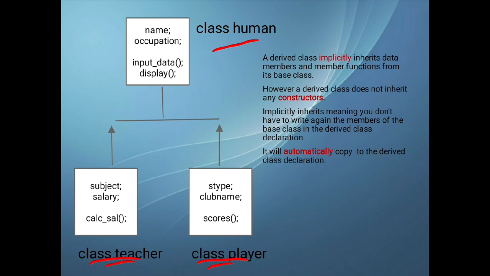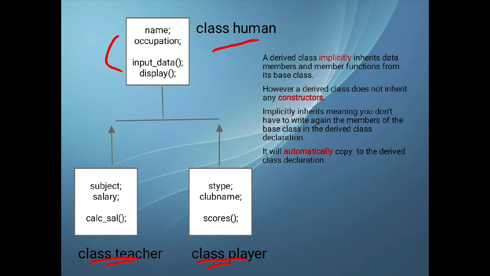So you have the members for the base class, that is these data members and member functions. Similarly for the class teacher, you have the data members subject and salary, and then the member function calculate salary.